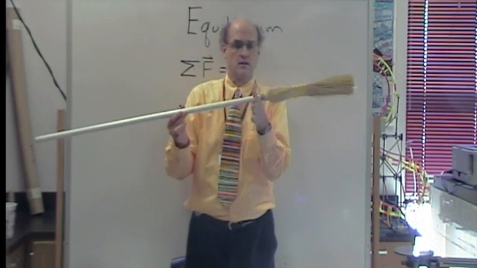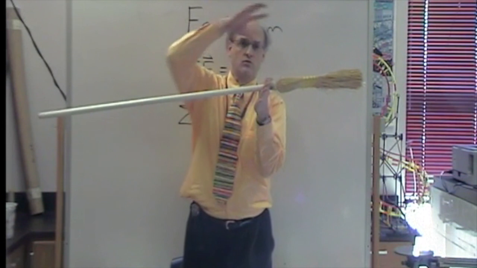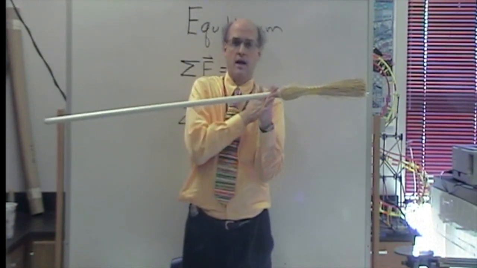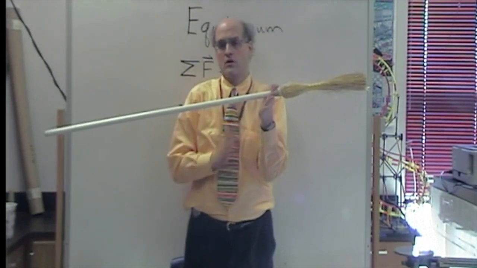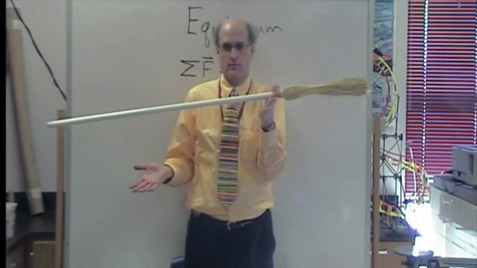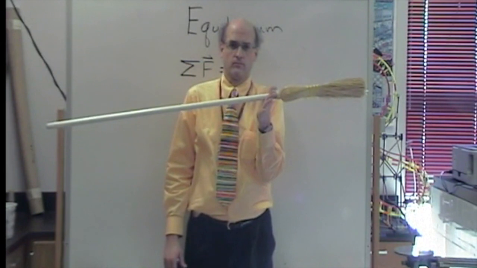So that means that the torque that this side of the broom exerts should be equal to the torque that this side of the broom exerts about this axis. And of course, the torques are oppositely directed. One is positive and one is negative. When you add them up, you should get 0 for equilibrium.